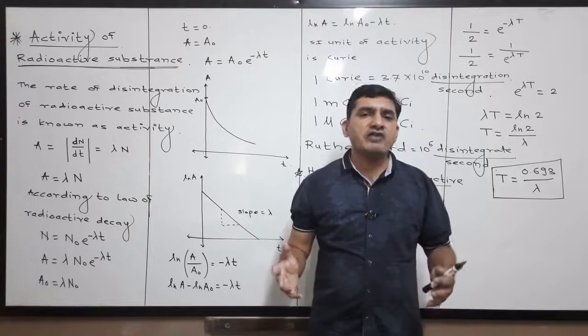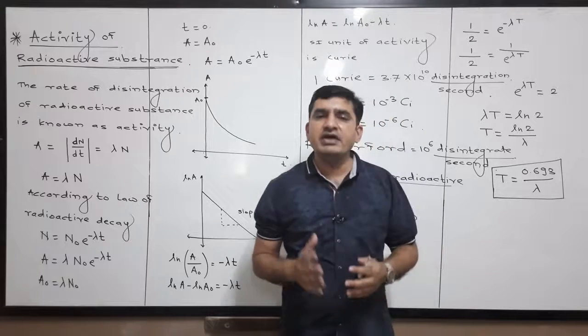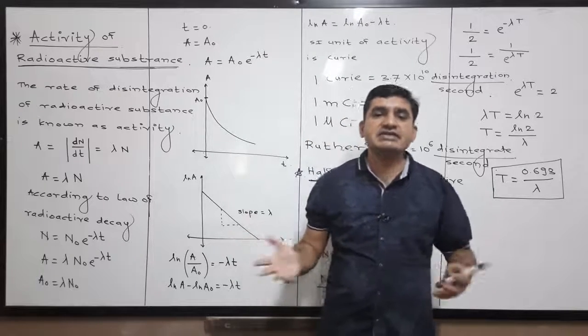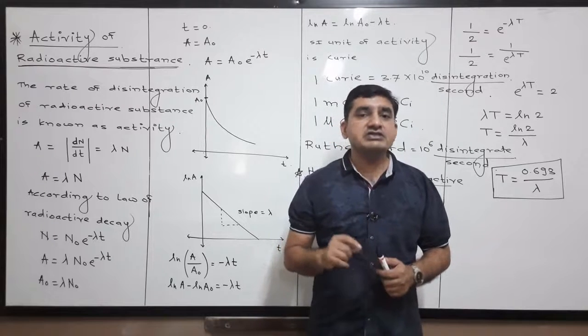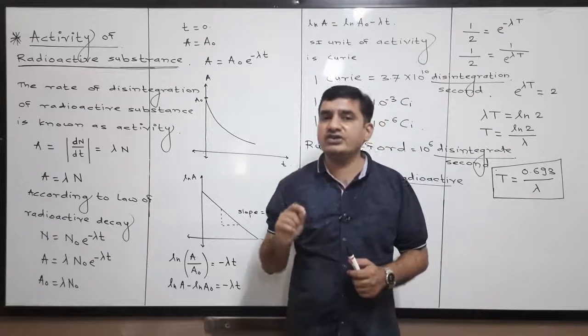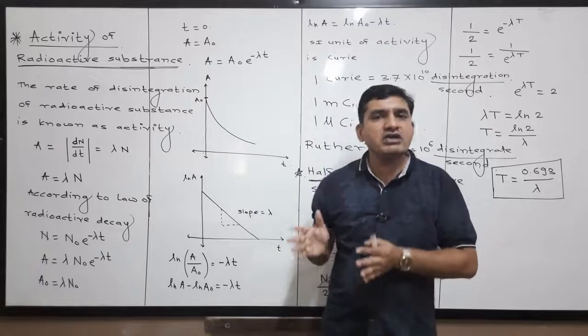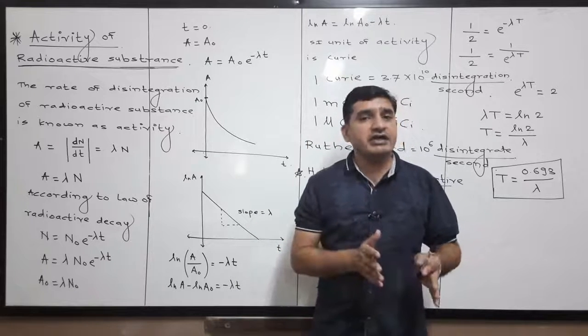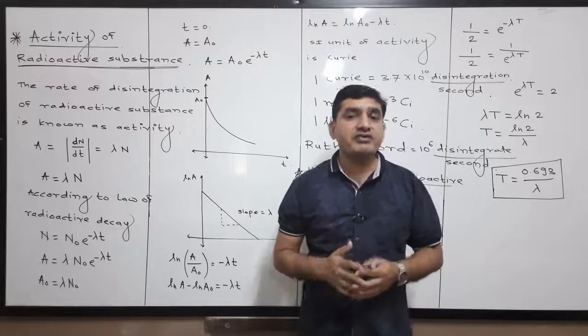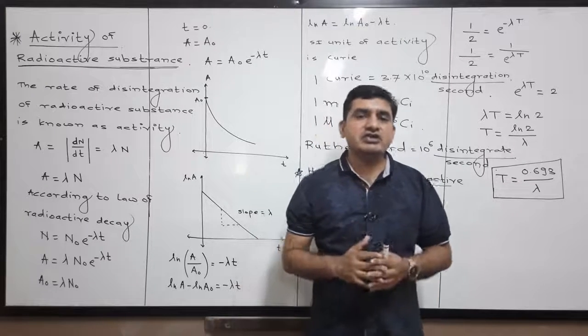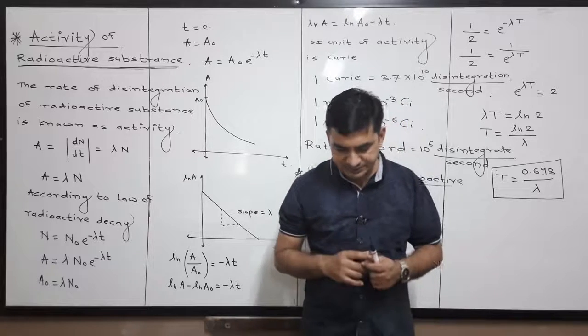When we plot a graph of activity versus time, we can say that the activity of a radioactive substance decreases exponentially with time. When we plot a graph of ln of activity versus time, the slope of the graph gives the decay constant or disintegration constant.